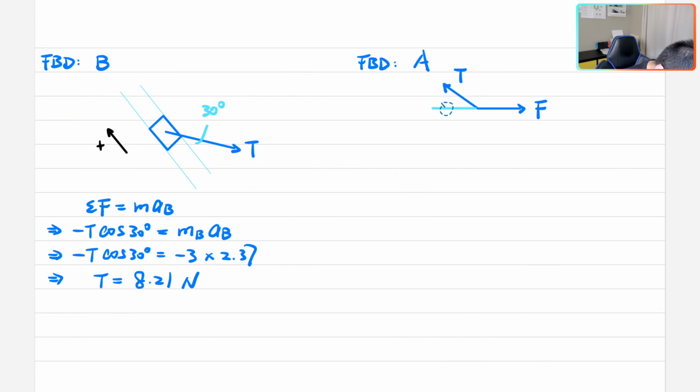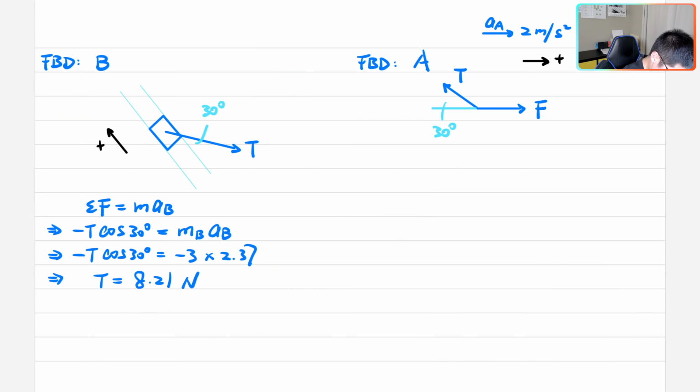A is moving this way, and we'll call this our positive direction. And remember, A is moving with an acceleration of 2 meters per second squared. This is our a_A, given by the question.